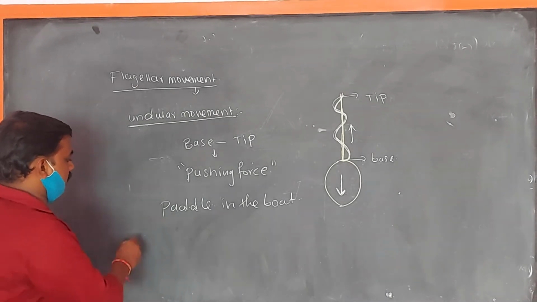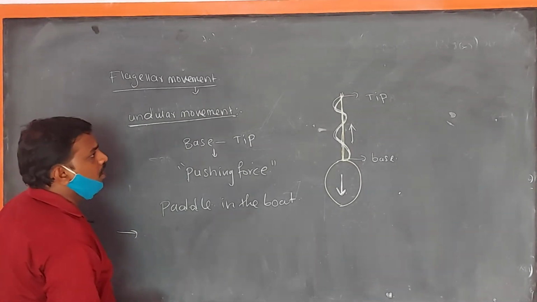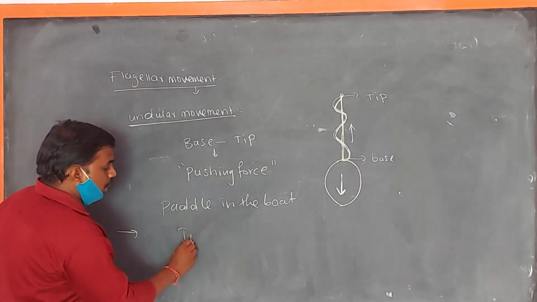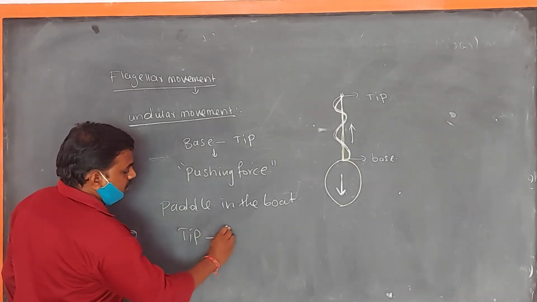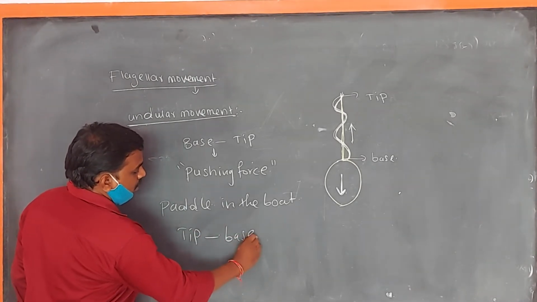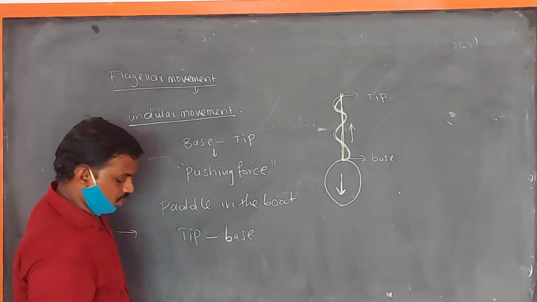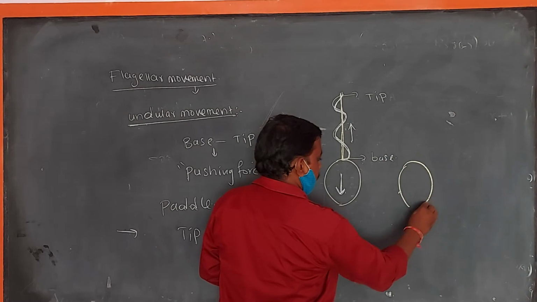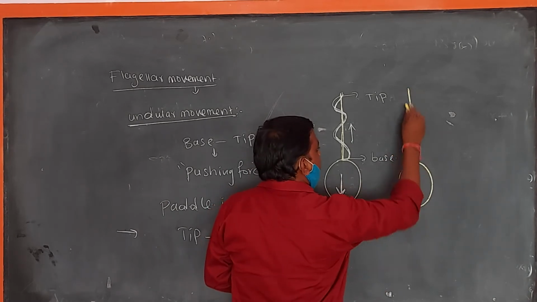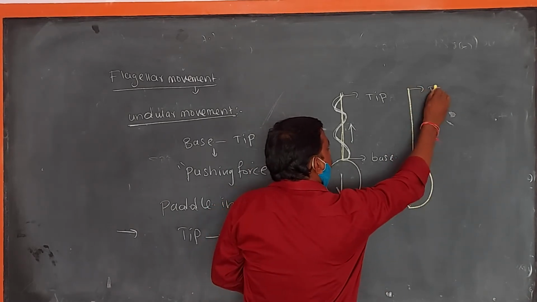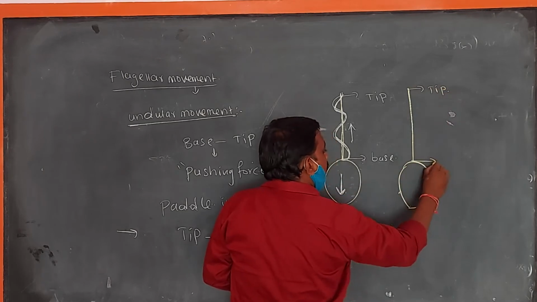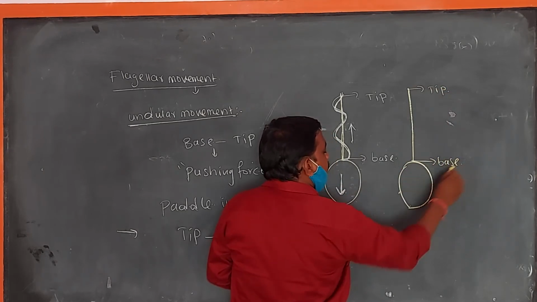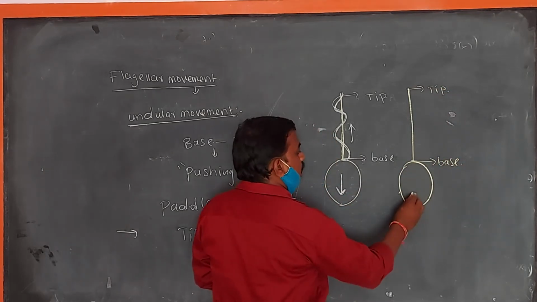Next one, the movement which occurs from tip to base. So this is the organism axis, the tip, and it is also called the base.